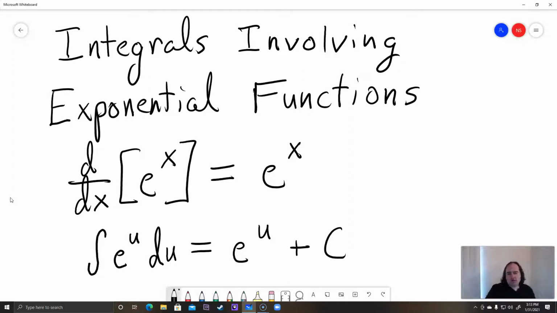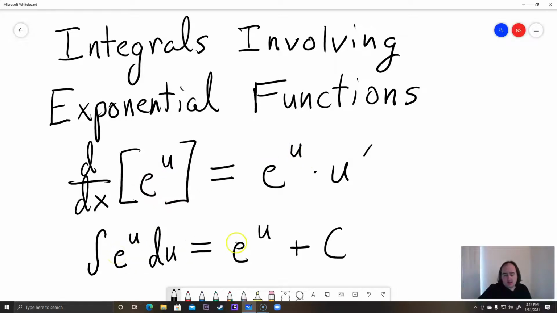All right, and remember, if you're taking the derivative of e to the u, where u is a function of x, then it's still going to be e to the u, but you would have to use the chain rule. So it would be e to the u times u prime. But you can watch my previous lesson on derivatives of exponential functions.